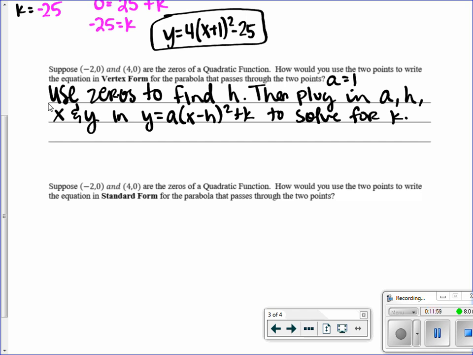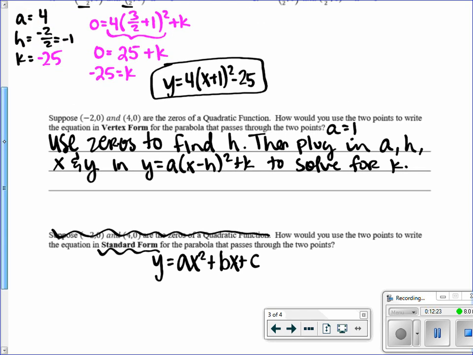Okay, so we're going to talk about next, if we want to do everything we were just doing, but our end answer is supposed to be in standard form. This one's standard form. And actually, we're going to ignore these points. We're going to go back and use the problem that we just had for number 7.